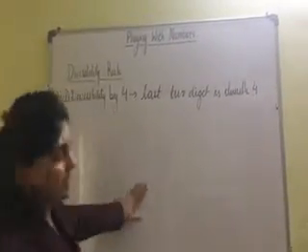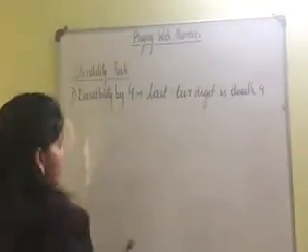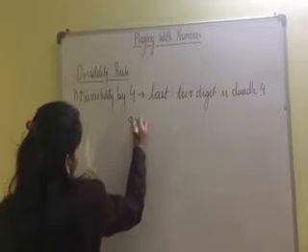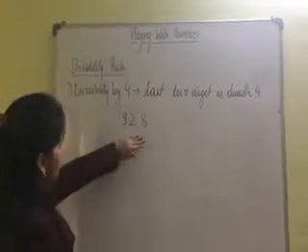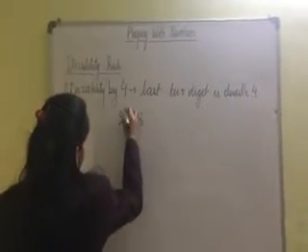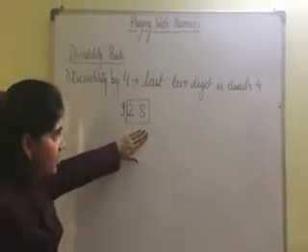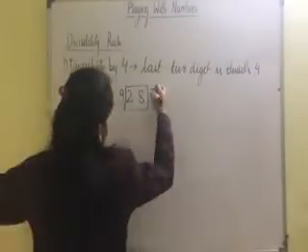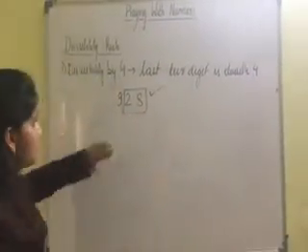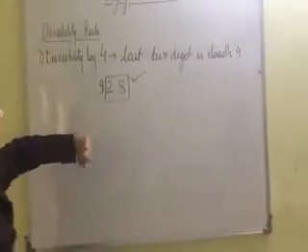Take one example, 928. The last two digits are 28. Does 4 divide 28? Yes, 7 times. It means 928 is divisible by 4.